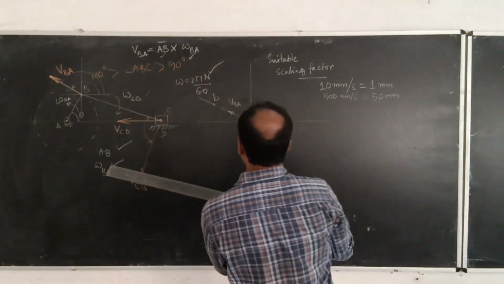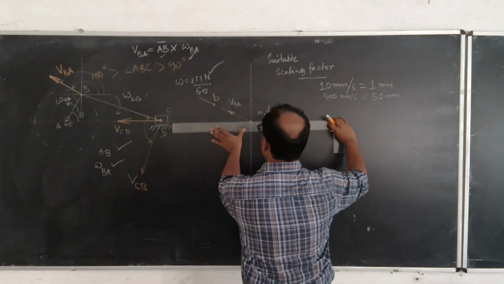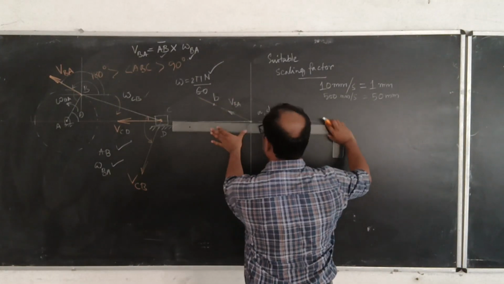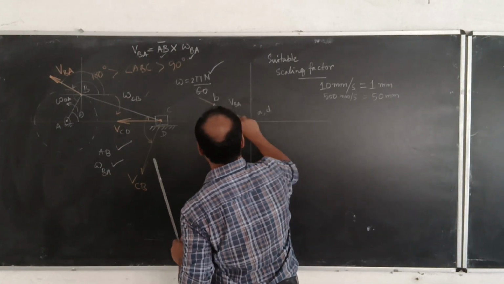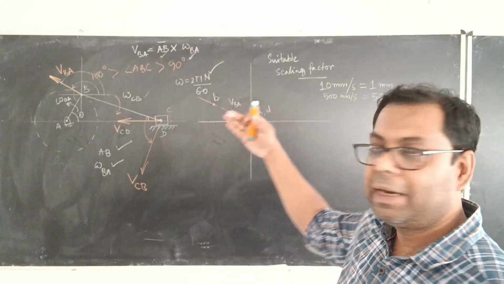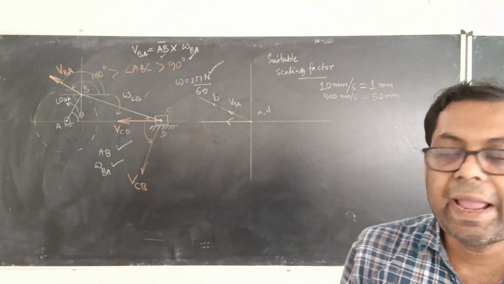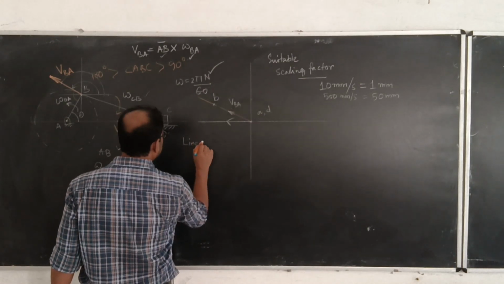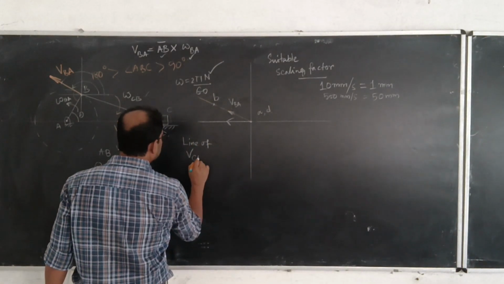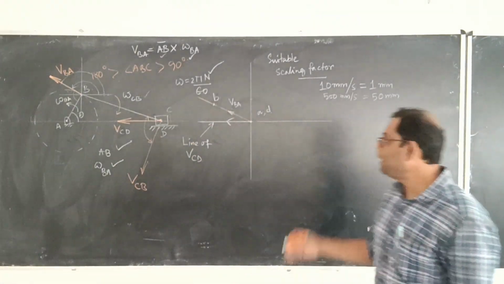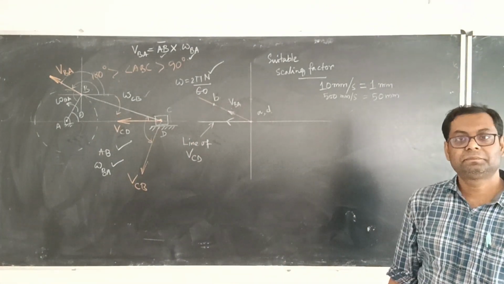So simply, we are going to draw a straight line in the left-hand direction, just like this. Okay? No need to mention that this left-hand side straight line is actually the line of VCD.